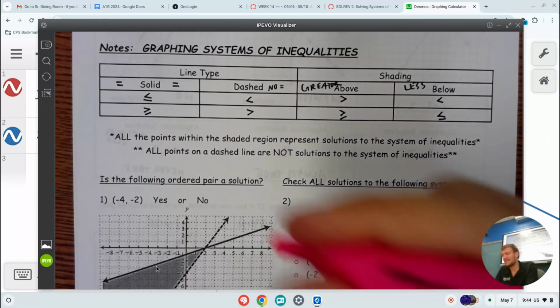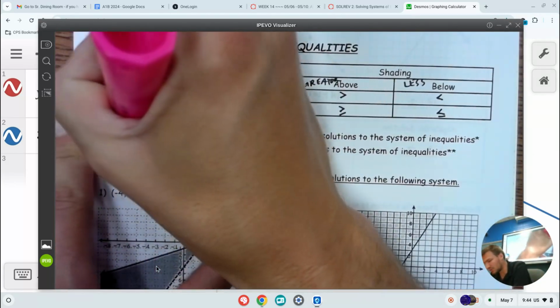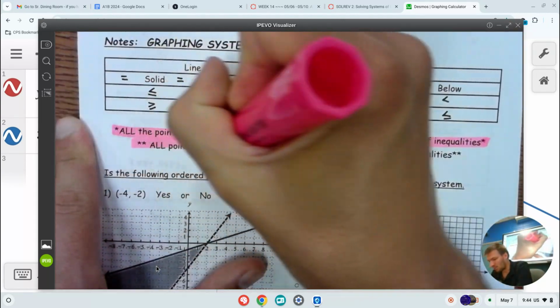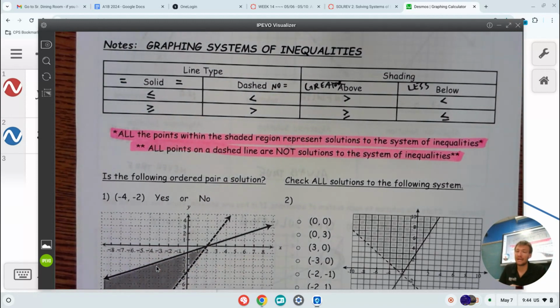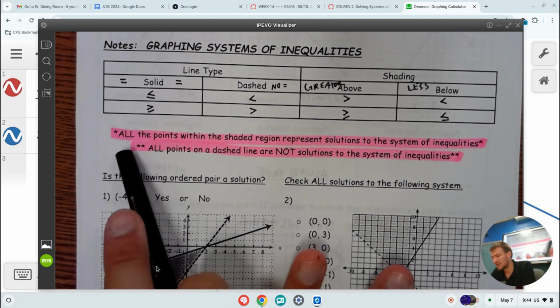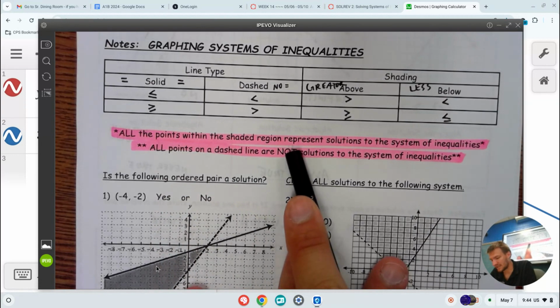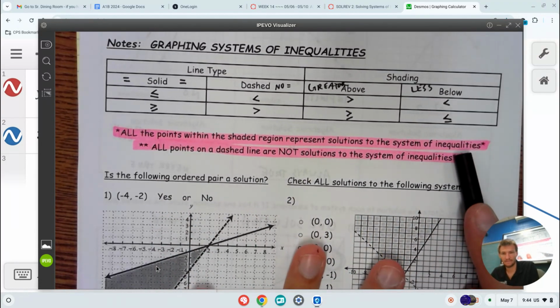However, as much as I don't really care about this chart, these two things here are super important. When it comes to these inequalities, you do have to use your brain and you do have to think about whether it counts as a solution or not. And here are your rules. All points within the shaded region represent solutions to the systems of inequalities.